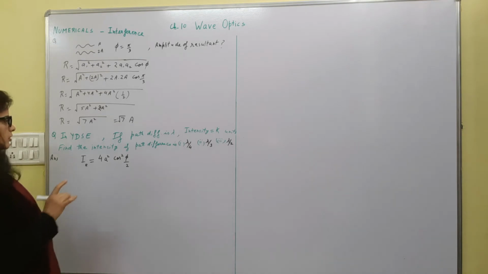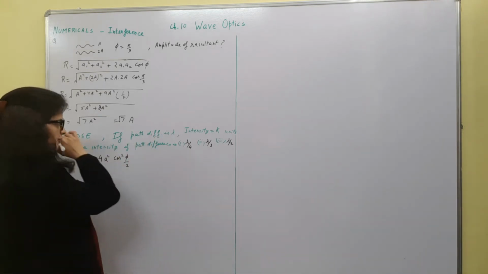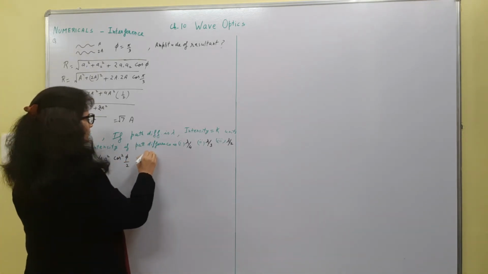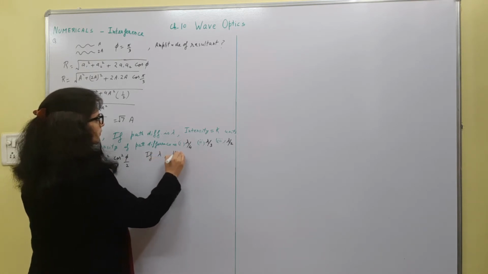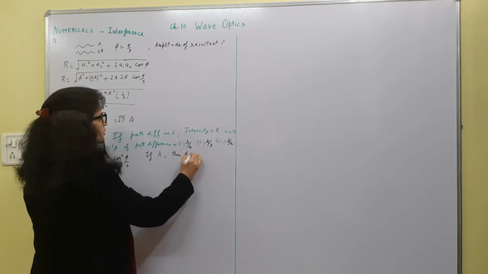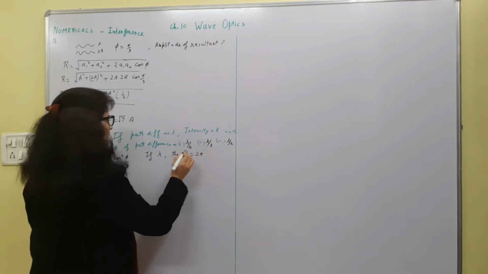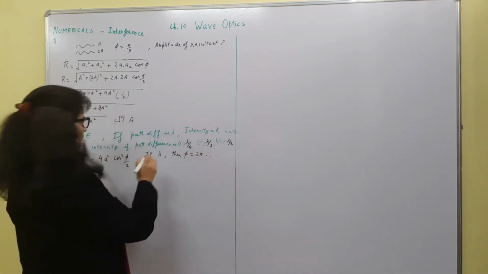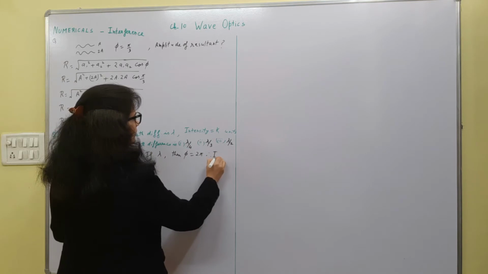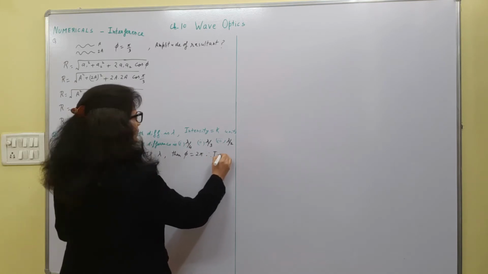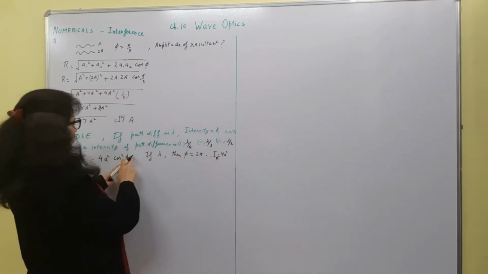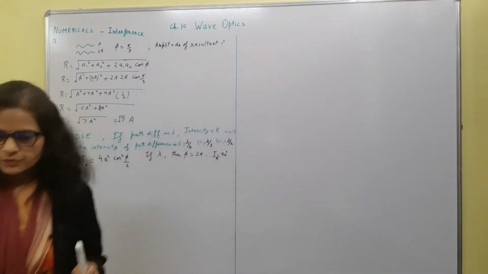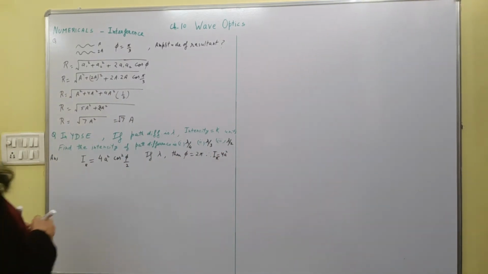Right. So if your path difference is lambda, then phase difference is equal to 2 pi. So therefore IR is equal to 4a square cos square 2 pi by 2.